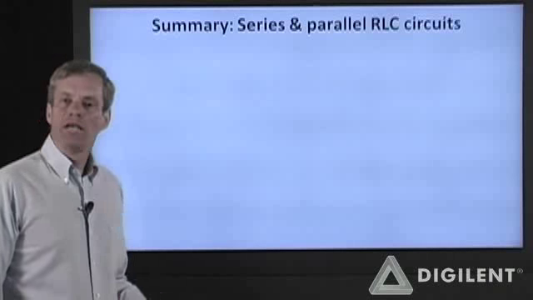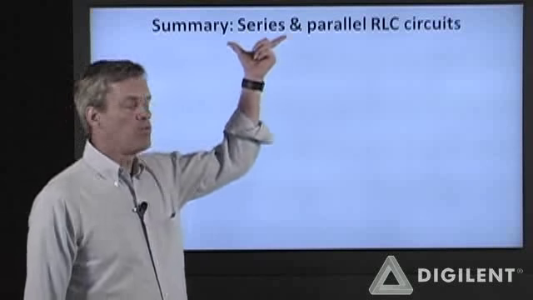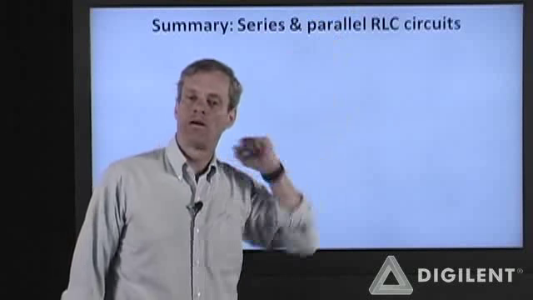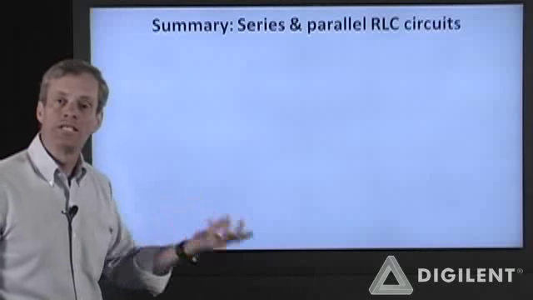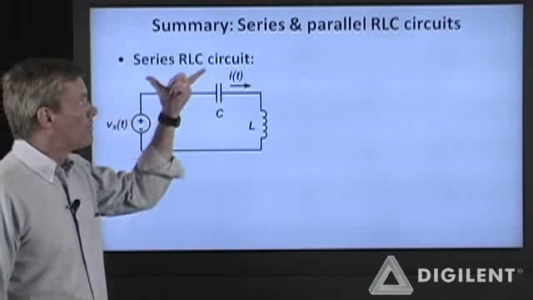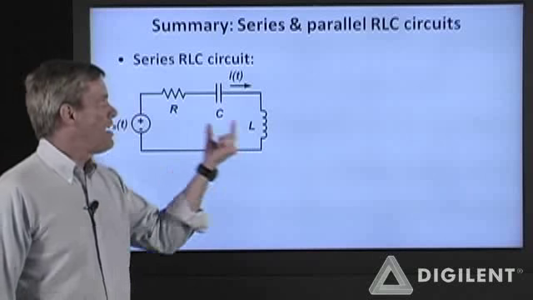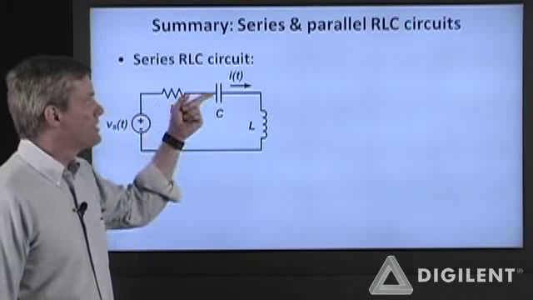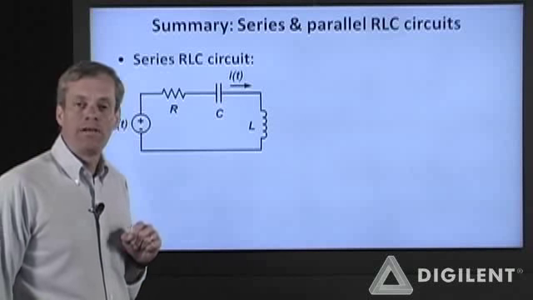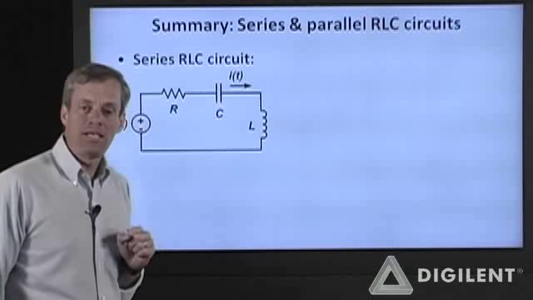Okay, in lecture 20, we developed the governing differential equations for series and parallel RLC circuits. I just want to summarize those results here before we continue on. For a series RLC circuit, we have a resistor, capacitor, and an inductor placed in series. Since they are in series, they all carry the same current, i of t.